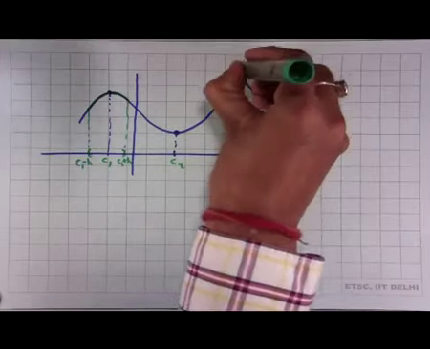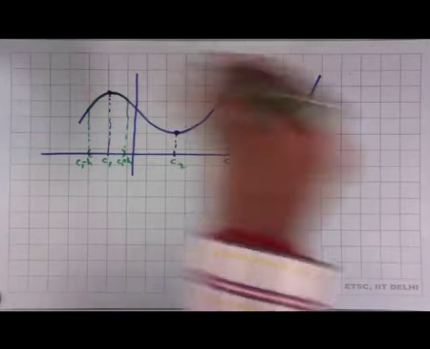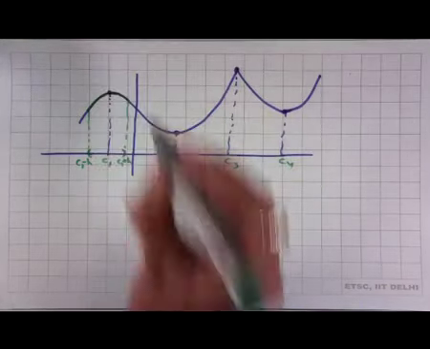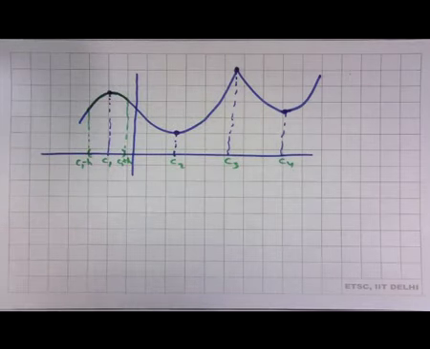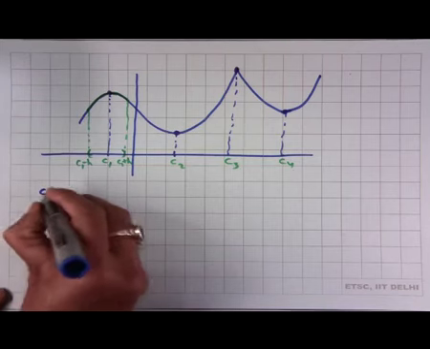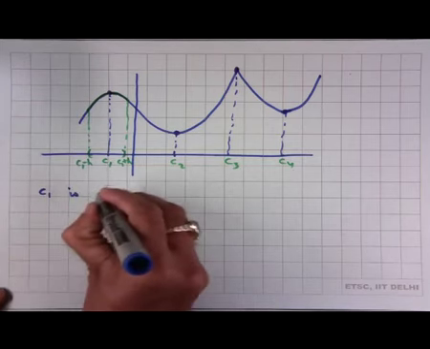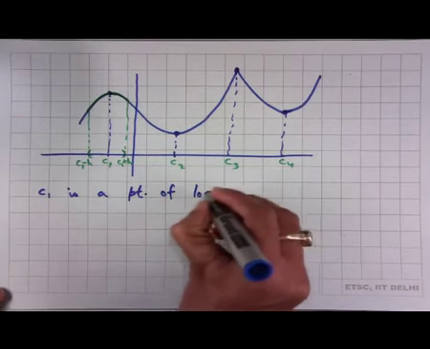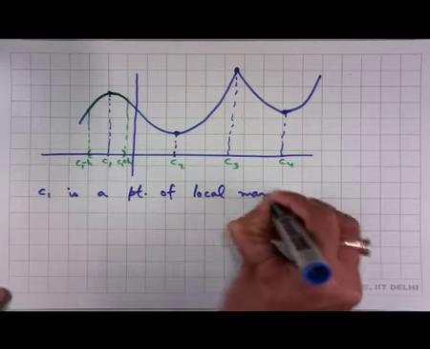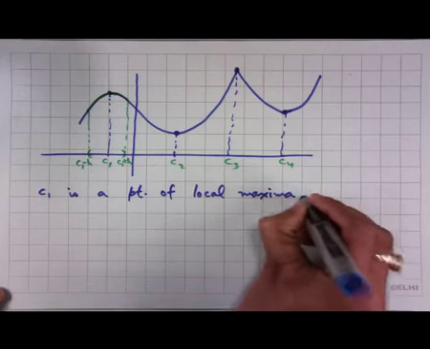For example, at this point C3, the value of the function is bigger. So, C1 is a point of local maxima.